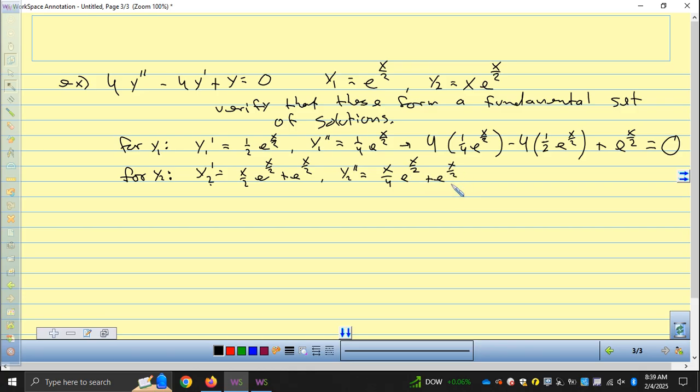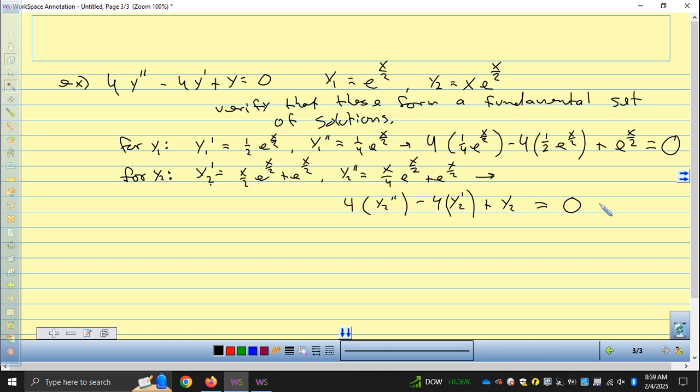I combined some steps here. And then we substitute that into the differential equation. I'm just going to write it this way: 4 y2 double prime minus 4 y2 prime plus y2. That does, in fact, if we do this algebra, we get 0. You have to take my word for that, but I was very careful, and it did come out to be 0. So we have two solutions to a second order differential equation.